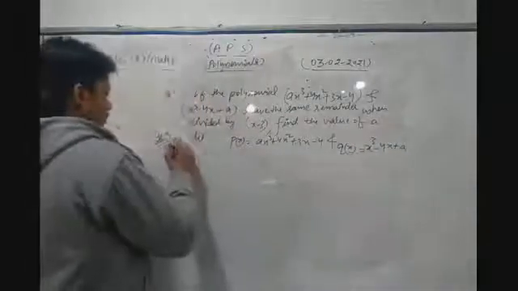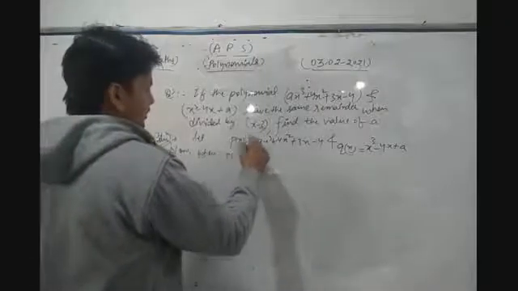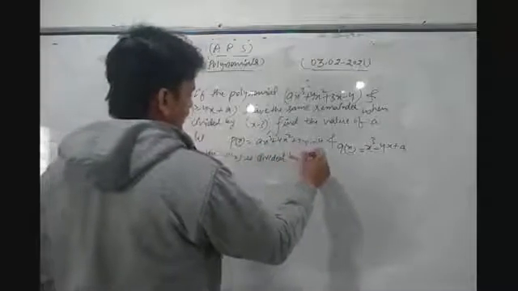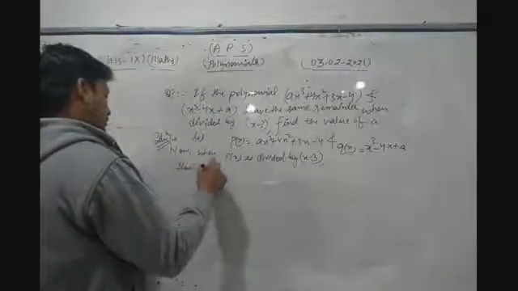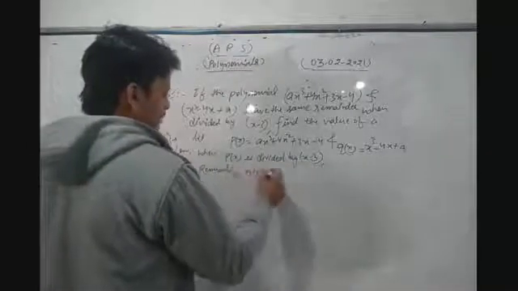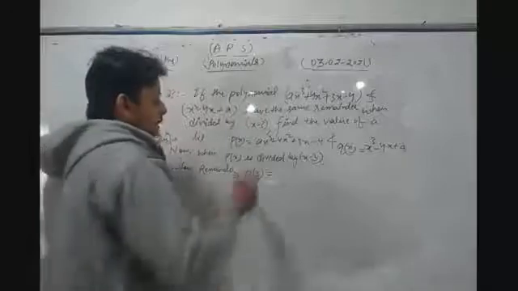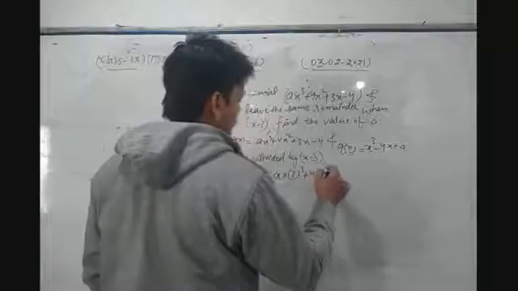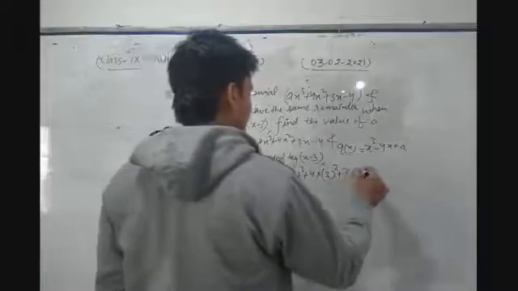Now when p of x is divided by x minus 3, the remainder will be p of 3, that is, we just replace x by 3. So we get a into 3 cube plus 4 into 3 square plus 3 into 3 minus 4.